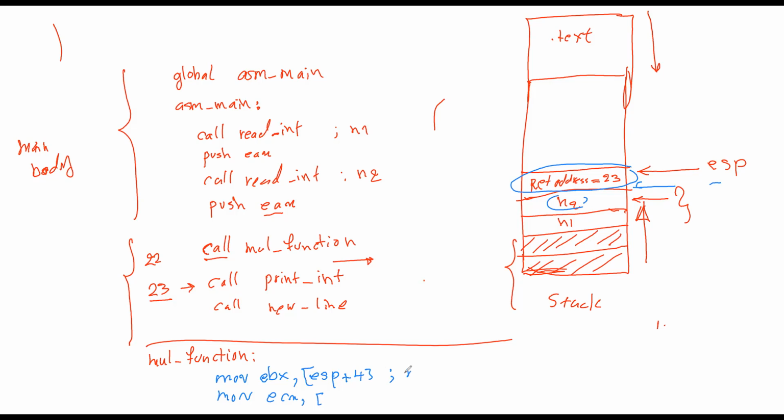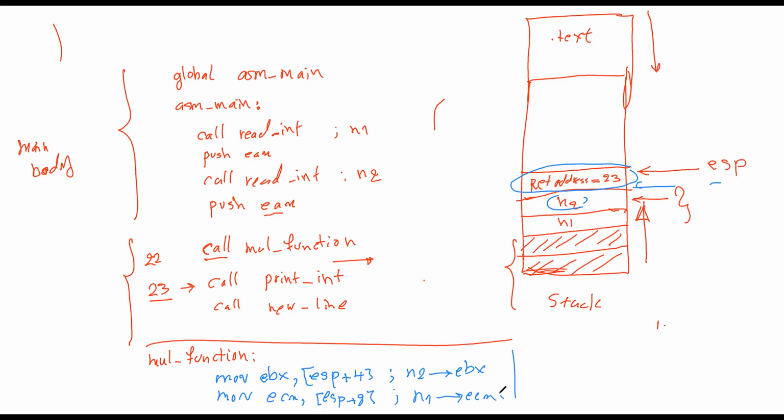So here, N2 is going to be in EBX. So in this line, what should we put to get access to N1? Is it plus 8? Exactly. So it's ESP plus 8 into ECX. Therefore you put N1 into ECX.